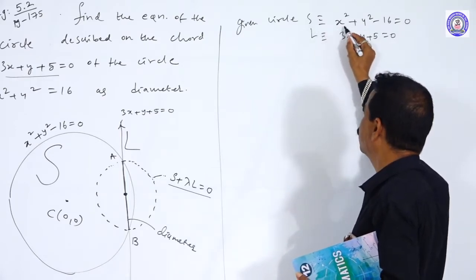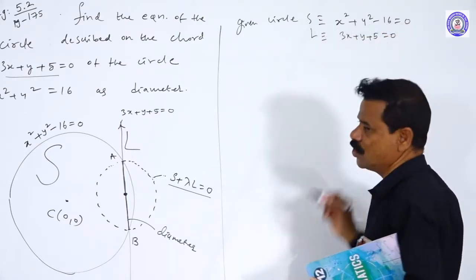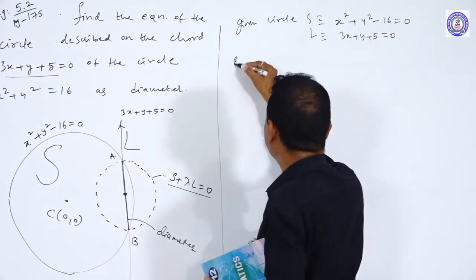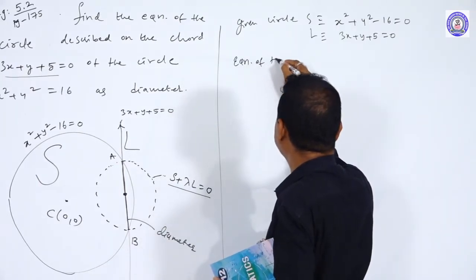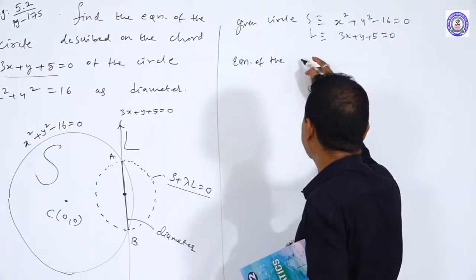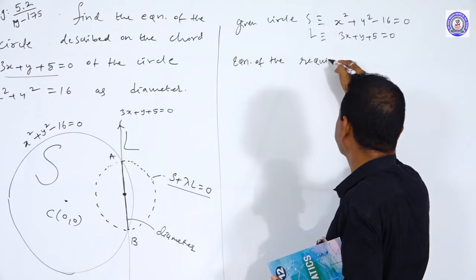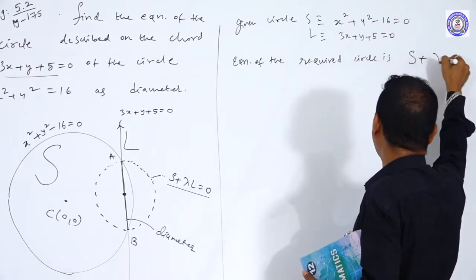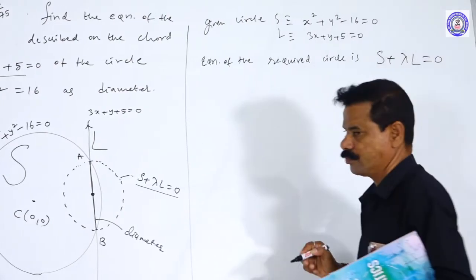That means x square plus y square minus 16 is equal to 0, and this is the line equation. Then the equation of the required circle is S plus lambda L is equal to 0.